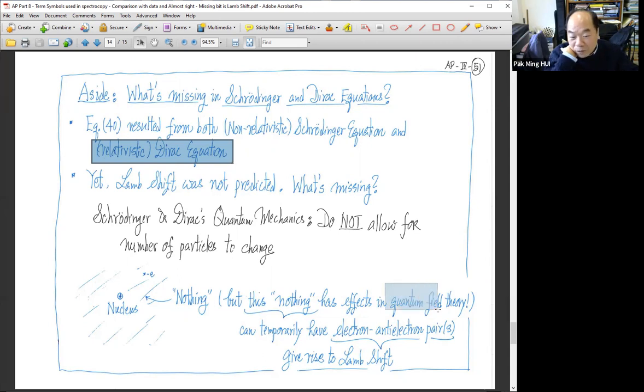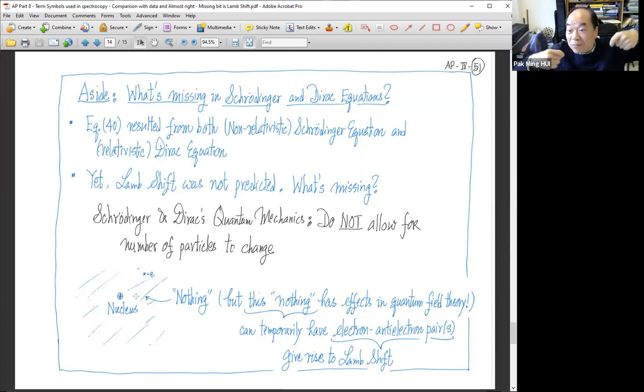And in quantum field theory, for example, we can handle this situation. They are exchanging photons in quantum language, the Coulomb interaction. That photon could occasionally become a particle and antiparticle, and they annihilate into a photon again, okay? So that popping up of particle-antiparticle pairs would affect the interaction a little bit.